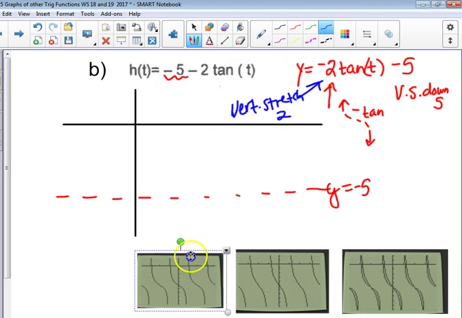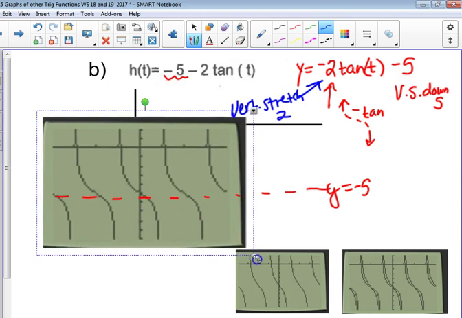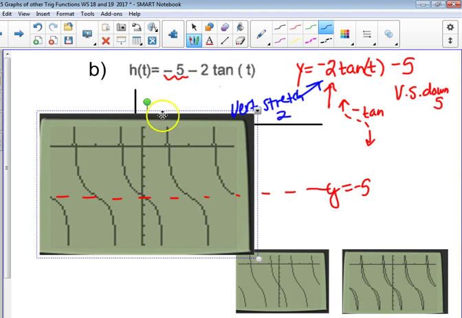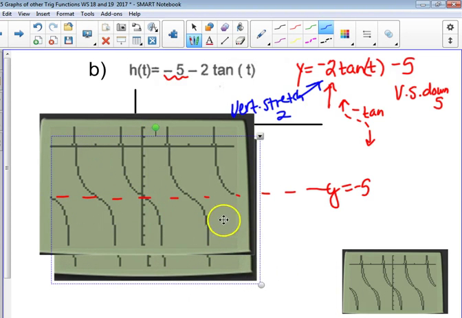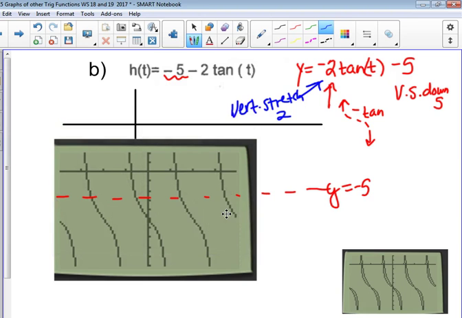Okay, on the calculator, just so you could see, I graphed -5 minus tan t. Then I graphed -5 minus 2 tan t.